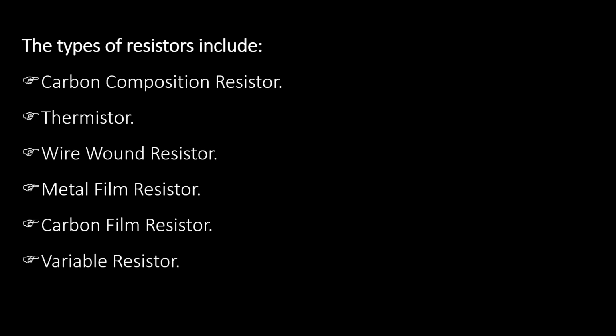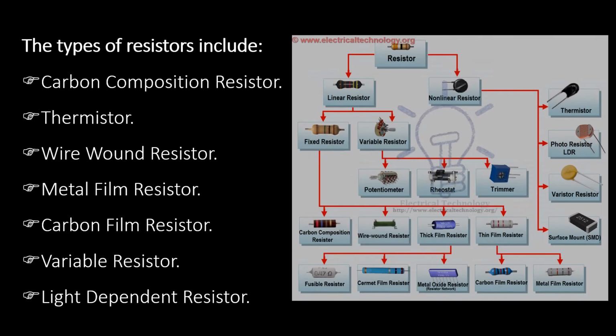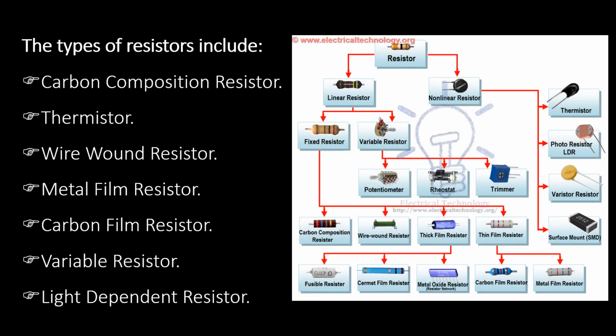You always have some circuits where you want the resistor value to be changed, so variable resistors are also there. And in many circuits we have resistors where the resistance value depends on the light intensity. So these are some of the types of resistors, but we will be talking about the carbon composition resistor and how to decipher the color code given on the carbon resistor.